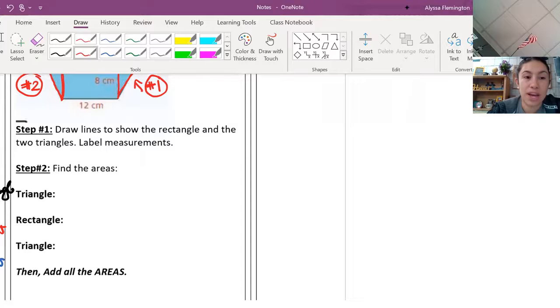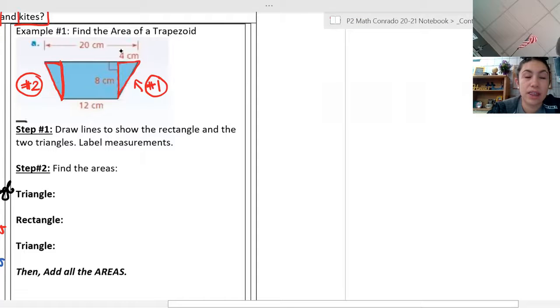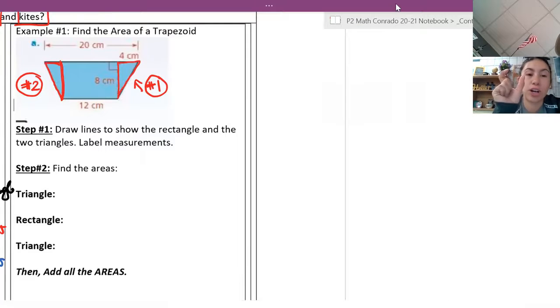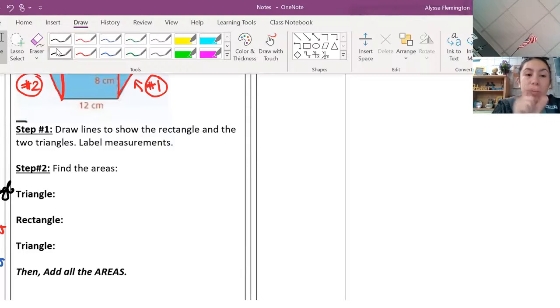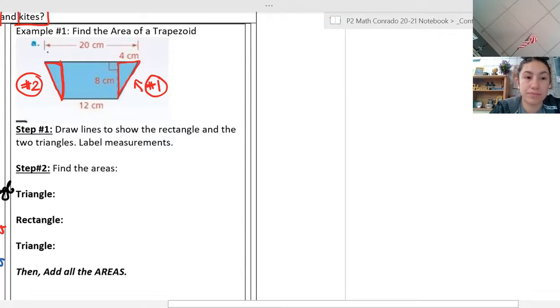So we know that the base of just the triangles are 4 centimeters each. We know that all along the base, from corner to corner, it's 20 centimeters.